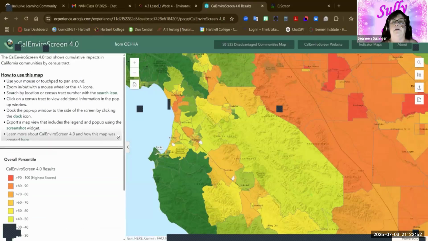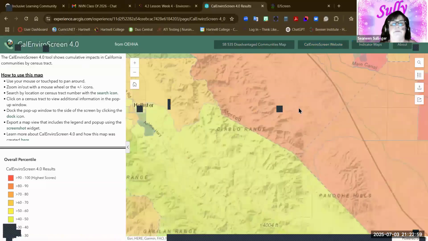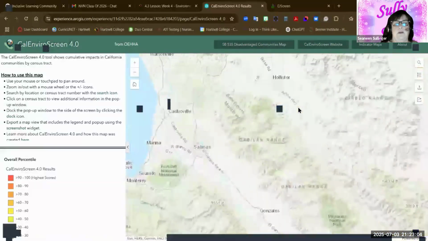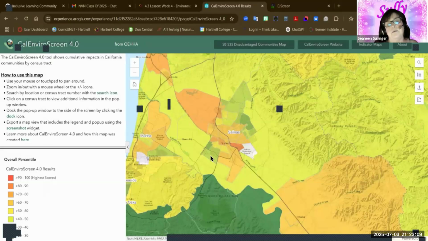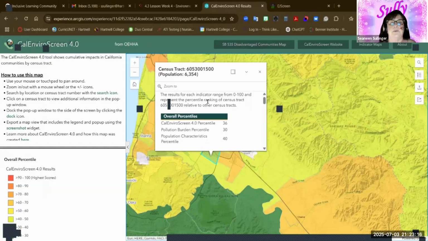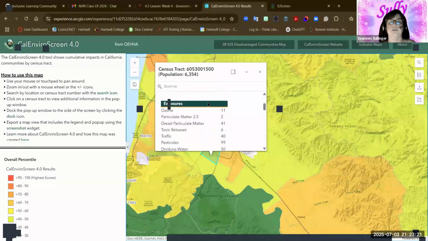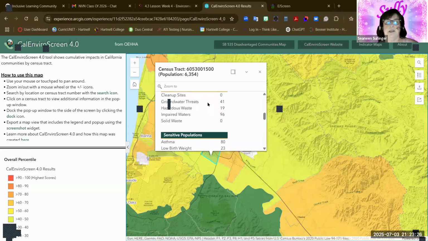And so you can click on disadvantaged communities. You can go to the website. You can go to indicator maps, all those different things. If I click on a particular area, for example, let's do that one, it tells me the census tract, and then it will tell me how much pollution, population characteristics, exposures, things that we are exposed to in that particular area, different environmental effects in that particular area.